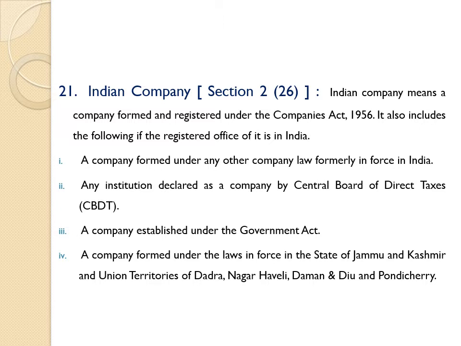A company established under a Government Act, it may be central government or state government. A company formed under the laws in force in the state of Jammu and Kashmir and Union Territories of Dadra, Nagar Haveli, Daman, Diu and Pondicherry.